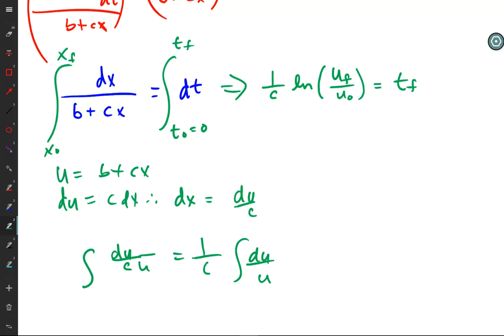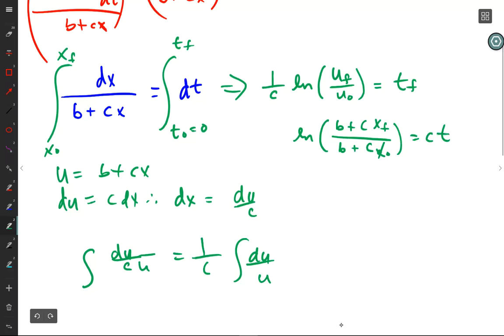Of course, I have to now substitute back in for u, and I will move the c over, so I will have that relationship. Well, I wanted to get this in terms of x, so I should go ahead and do my relax step.